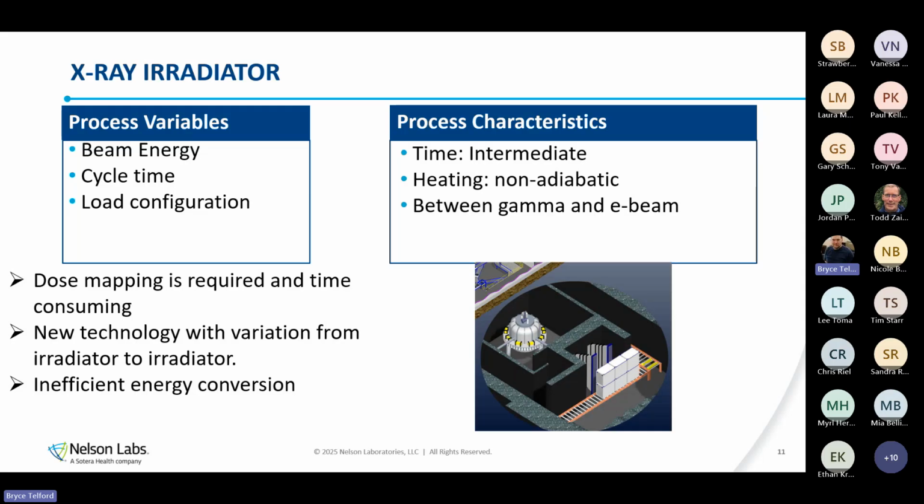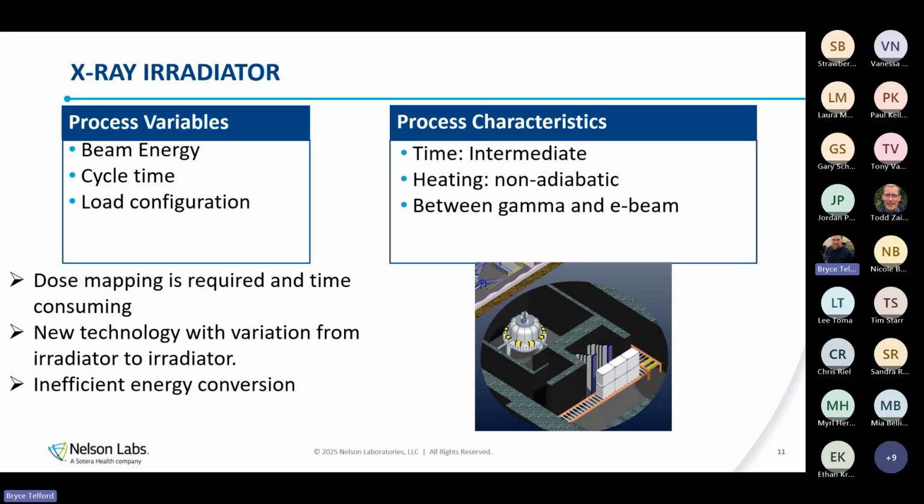And then as far as material compatibility and oxidation of polymers goes, again, it's kind of an intermediary, somewhere between gamma and E-beam. It tends to be faster than gamma, so we don't tend to see as much oxidation, but it is slower than E-beam, so we tend to see more oxidation than with E-beam.